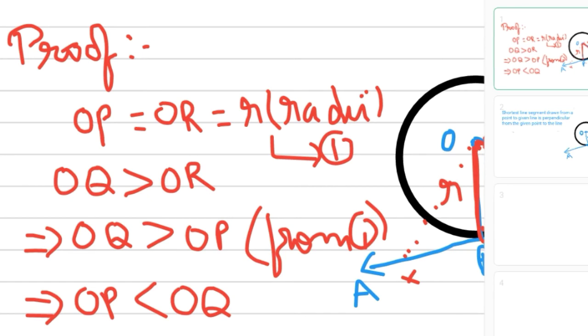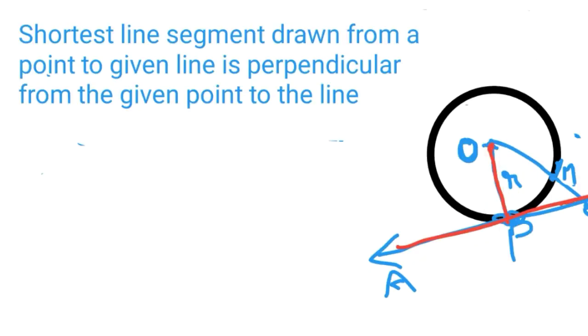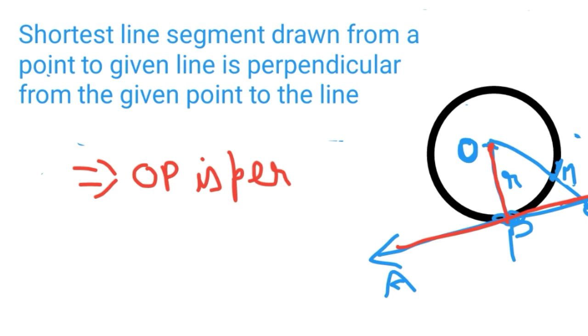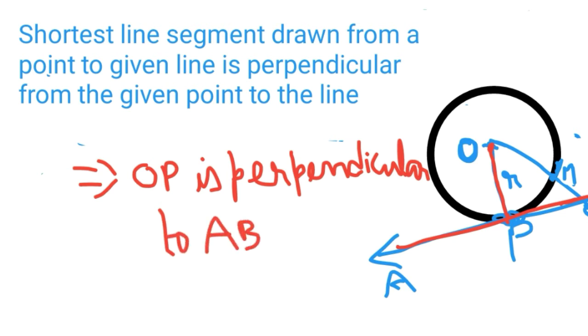So from this, by the above definition, I can conclude that OP is perpendicular to AB. This otherwise can be written mathematically as OP perpendicular to AB.